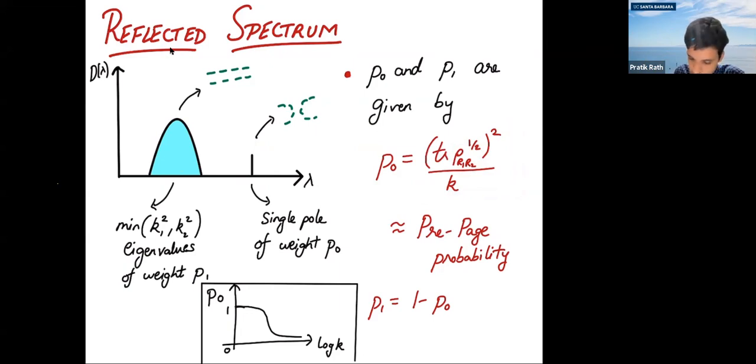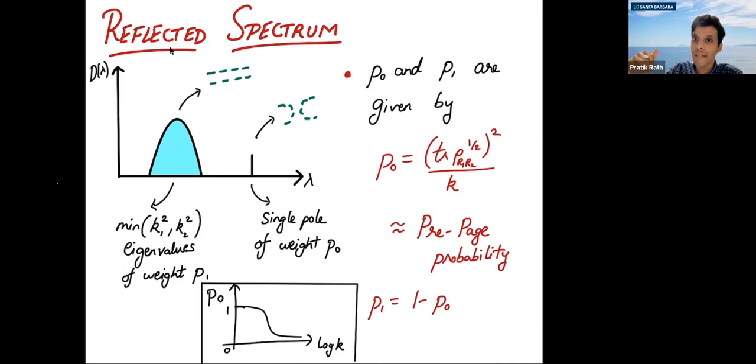There's a nice interpretation to this probability, which is it's just the probability of the spectrum being in the pre-Page part. So in the thermal spectrum, there's always some probability of being at different energies. And depending on what energy the black hole is at, the Page transition happens at a different point, because the area of the corresponding black hole will be different.